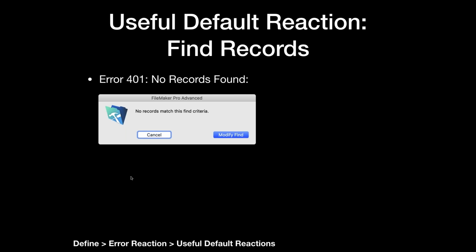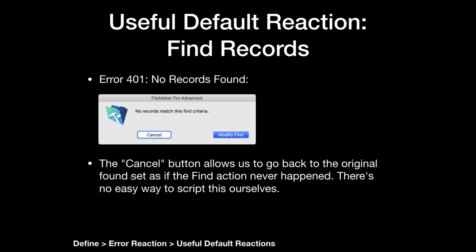That is, if you press cancel, you can go back to your original found set as if the find action never happened. If you're trying to script this, you won't be able to do it. If you have a cancel button, which just exits your script, it's going to give you a blank found set, which most of the time is not what you want. It's not easy to recreate that found set.